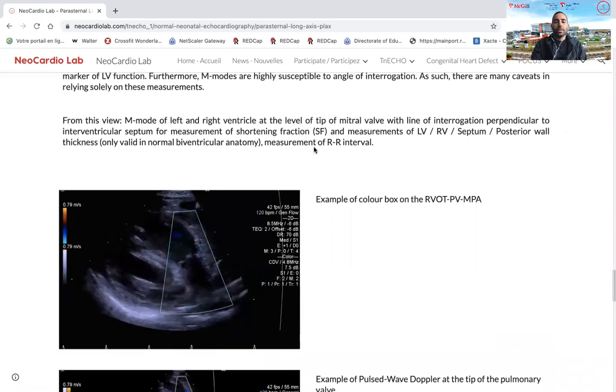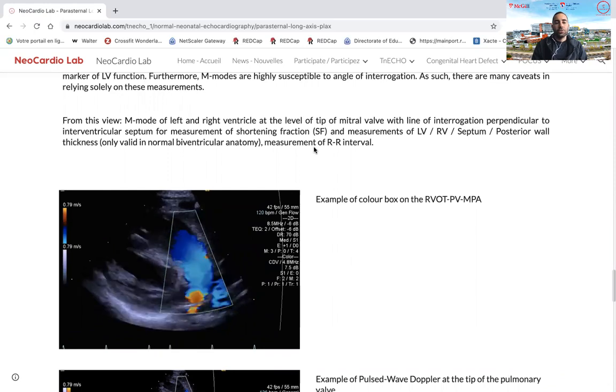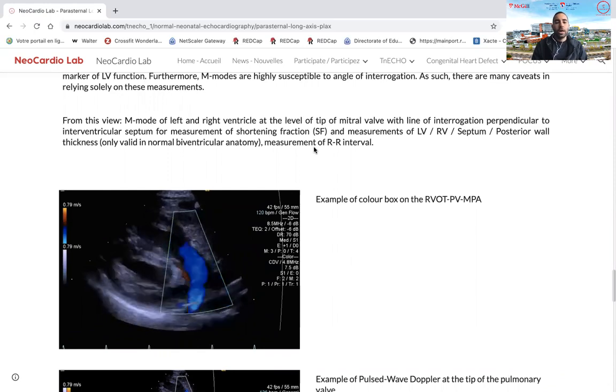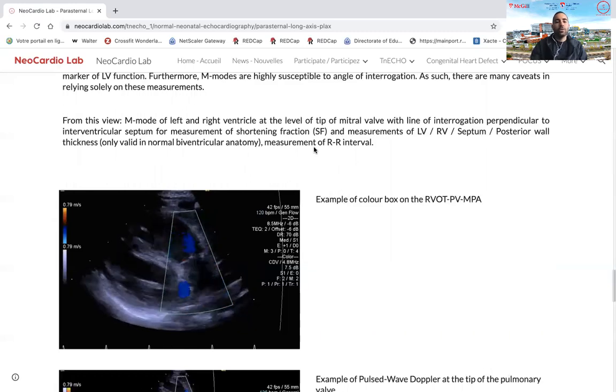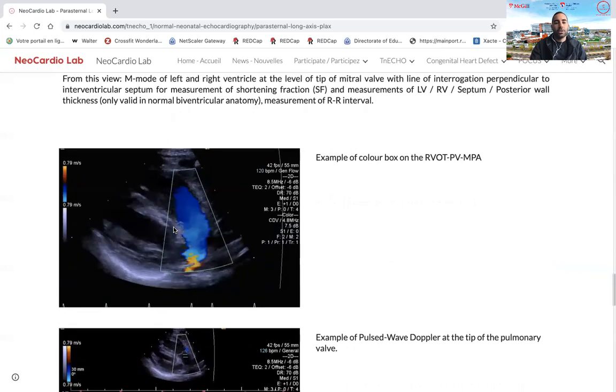So once I have done a sweep in the parasternal long axis view in 2D to try to capture my overall anatomy, I then use my color box narrowed onto structures that I have an interest in.